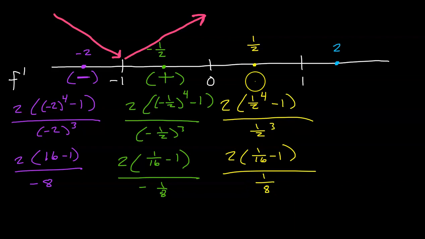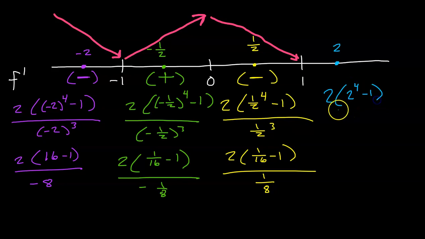So a negative divided by a positive is a negative, which means that the function will be decreasing in this interval. And finally, we'll do positive 2. We're going to have 2 times 2 to the 4th power minus 1, over 2 to the 3rd power.